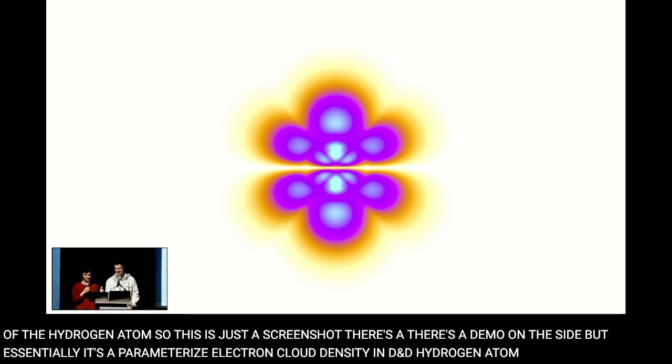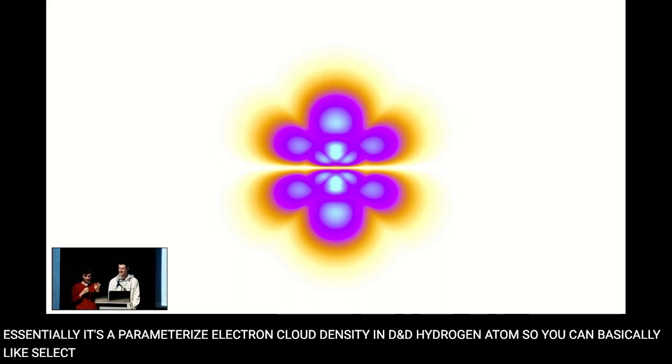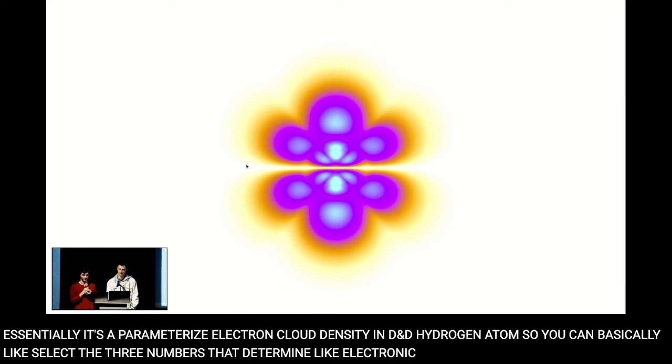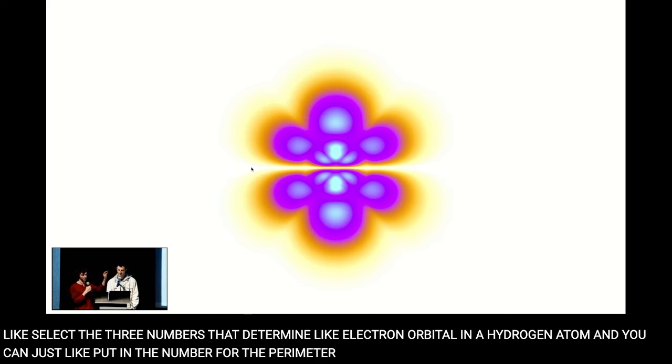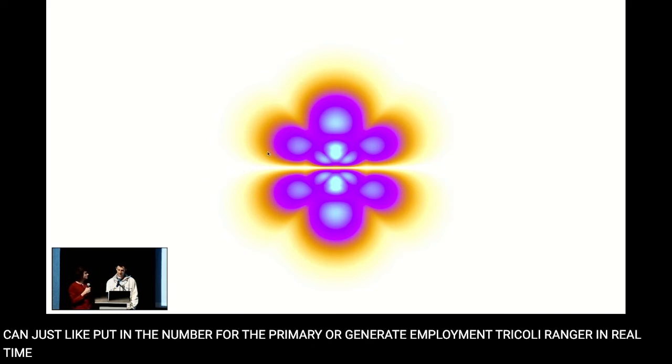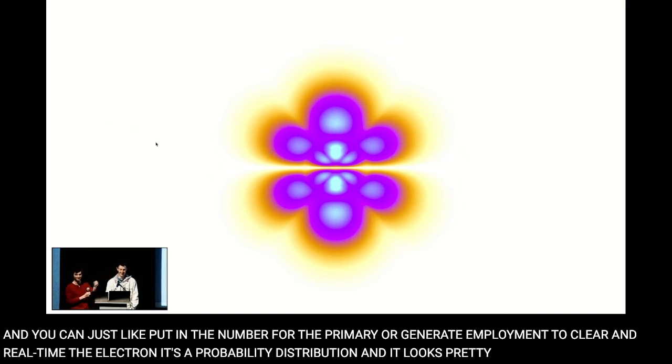There are three numbers that determine an electron orbital, and you can put in the number for each parameter, and it will generate and volumetrically render in real time the electron's probability distribution, and it looks pretty too.